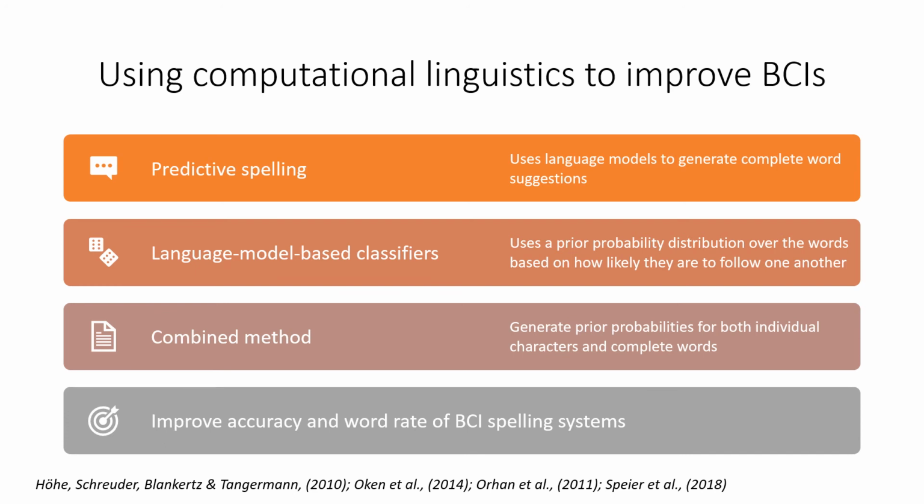For example, predictive spelling: you can think about your phone coming up with suggestions while you're typing a word letter by letter, and it will provide you with the most common word based on these letters. And the downside to this is that it does not work well with very uncommon words. There are also language model-based classifiers, and these actually use probabilities of one word following another word. So instead of predicting the spelling of a word, it predicts the words and structure of a sentence.